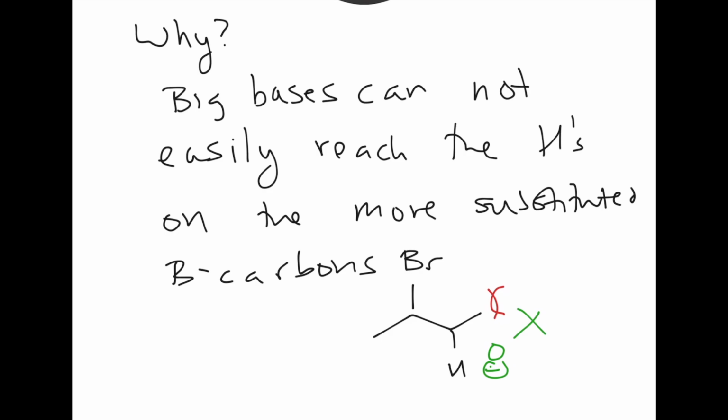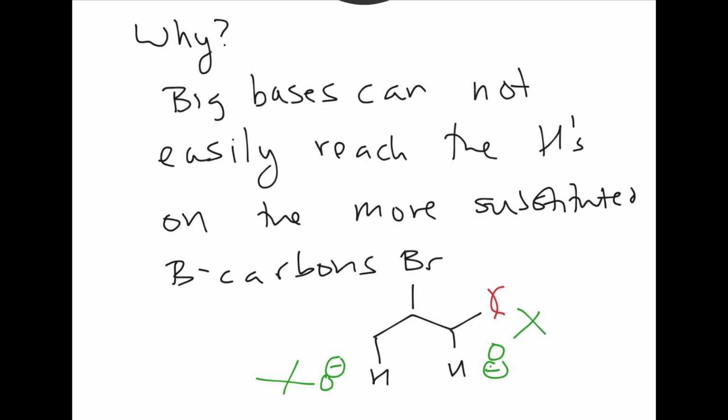Now, if I have it take the least substituted hydrogen, in this example, there's a ton of space for that base to stick out into the world and not bang into the molecule. So the more substituted the carbon with the hydrogen on it, the more steric interactions the base has with the molecule.